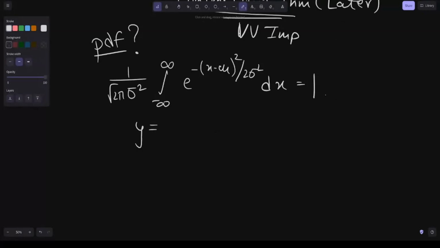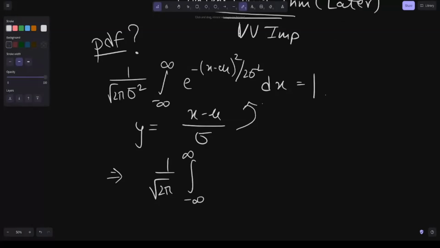Let's take y equal to (x minus mu) by sigma and substitute it here. After the substitution, it becomes 1 by root 2 pi integration from minus infinity to infinity e to the power minus y square by 2 dy.